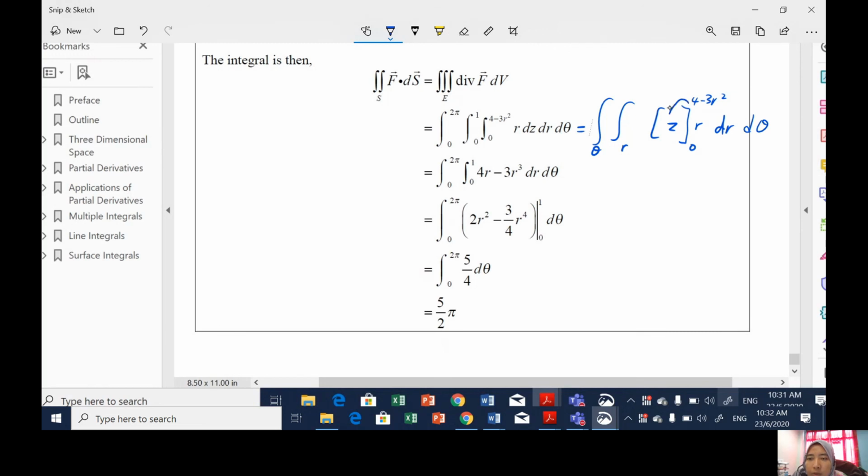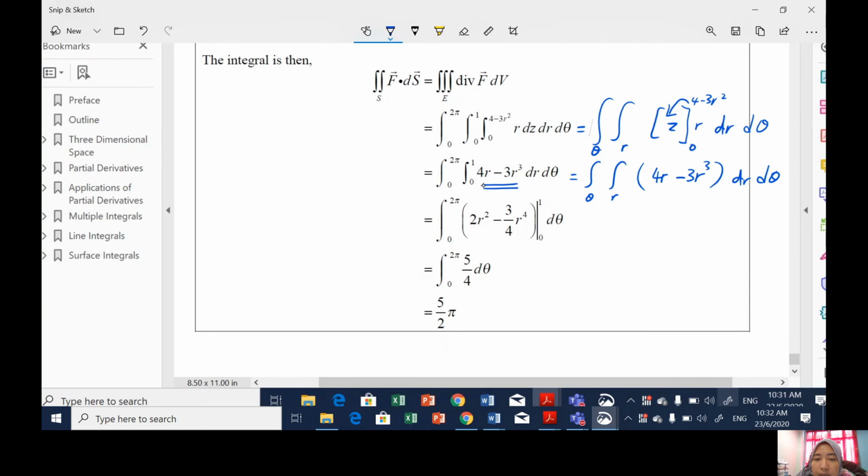Substituting for z, we have 4 minus 3r squared, but there is another r, so we multiply out as 4r minus 3r cubed, then d r d theta, with the limits for radius and theta.